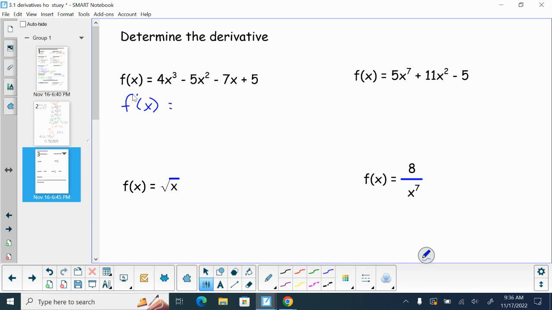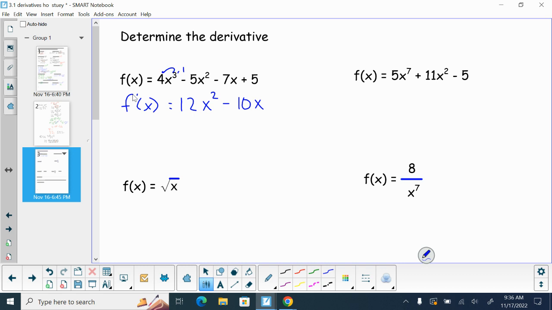So if I take the derivative of 4x cubed, Jenna, what would that be? 12x squared. I take my exponent, multiply it by my coefficient, and drop my exponent by 1. Then I can go to my next term, negative 5x squared. Take the derivative of negative 5x squared, Brandon, what do you get? 10x.